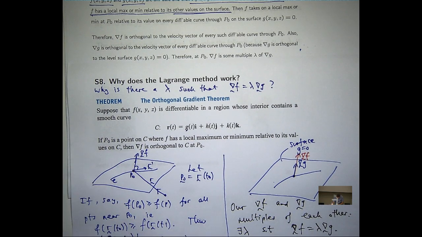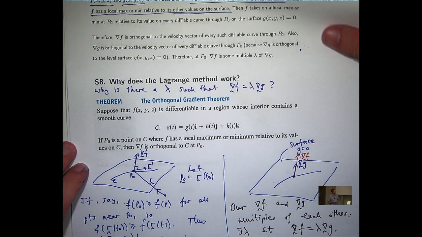Okay, so that's an informal proof of why it works, why there is a lambda such that grad f equals lambda grad g. Okay, it's not a real formal proof, but hopefully you get the idea. You can just really, at least in my mind, draw a picture, draw a picture to just verify it.